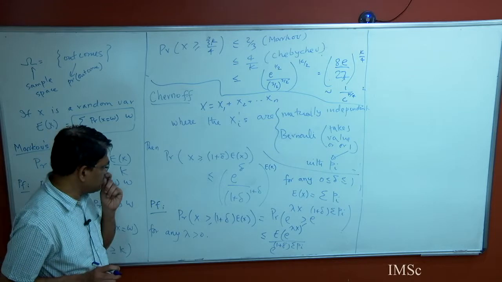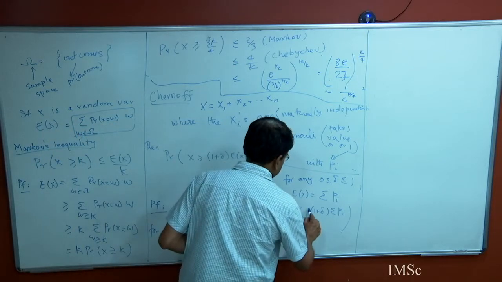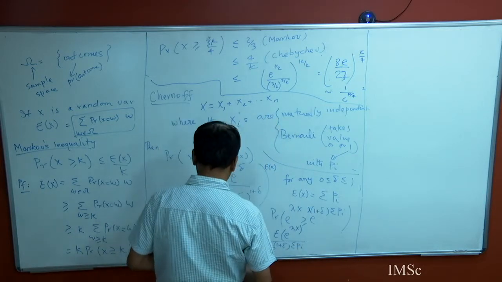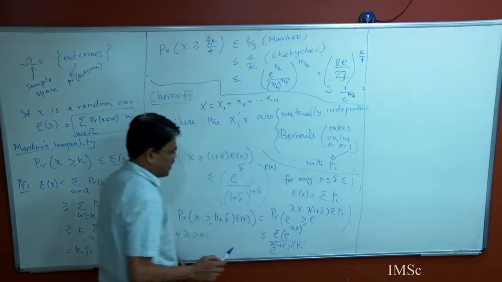Oh, there is a lambda somewhere. So here lambda on both sides. Yes, so there is a lambda here, right? e power lambda x is this. So there is a lambda here. Yes.